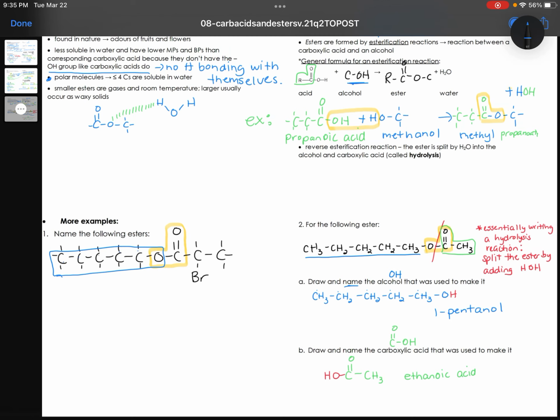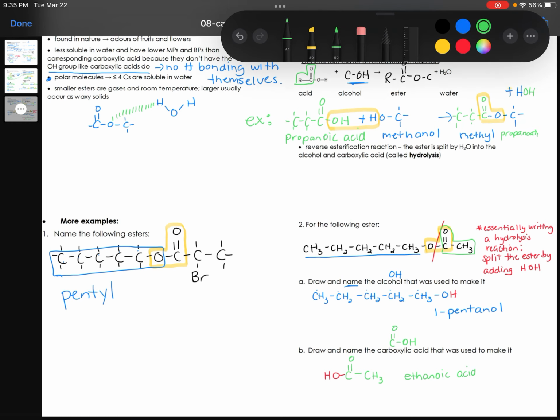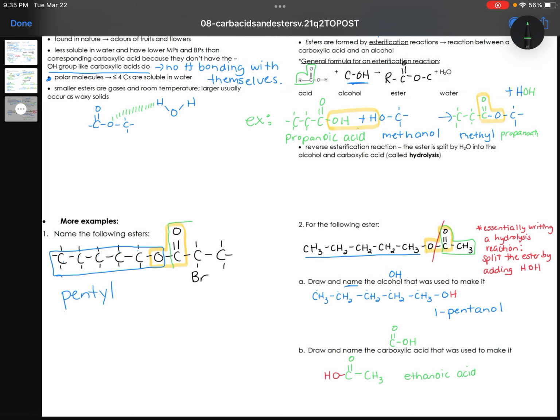1, 2, 3, 4, 5. And then the part connected to the double O is the second part. But now we have this bromine on the second part of the name. It's on the 3-carbon chain.